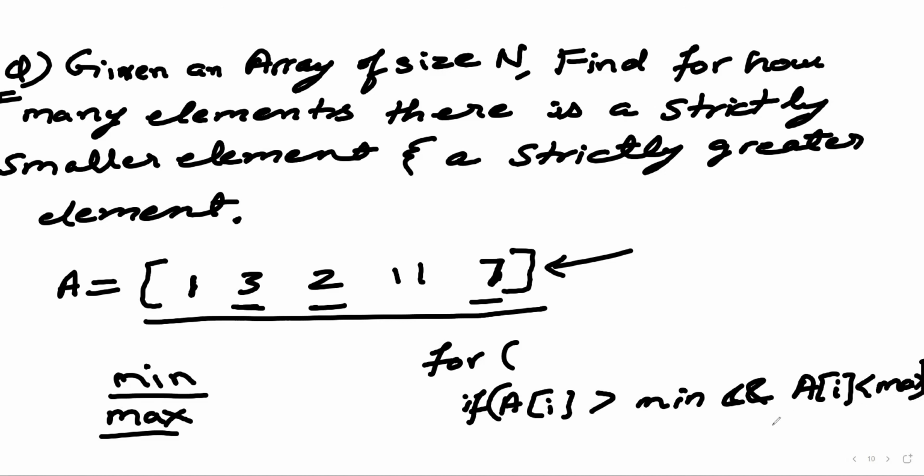If both conditions are true, we can increment our count variable, because for the ith element we have checked that it has a strictly smaller element, which is the minimum, and a strictly greater element, which is the maximum.